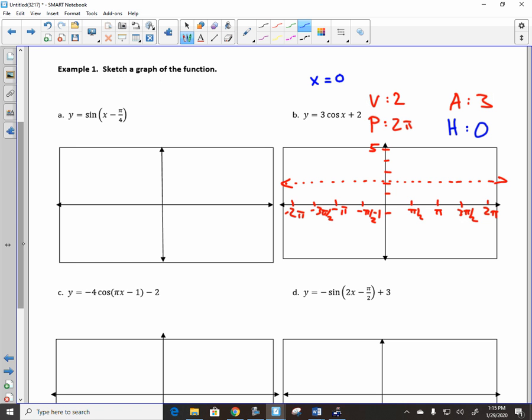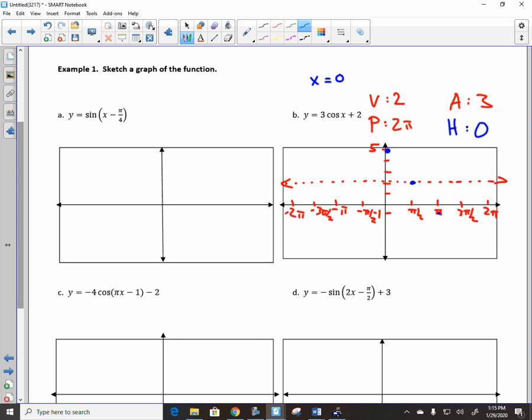So you tell me, cosine, does it start at the top, bottom, or middle in this situation? What do you think? Starts at the top. So I start up at 5. Then instead of crossing over the x-axis, it crosses over 2.